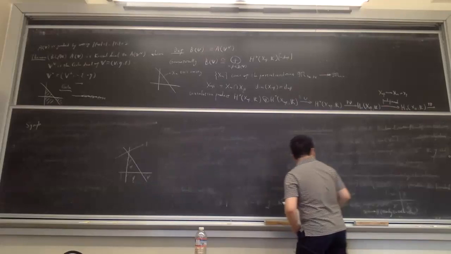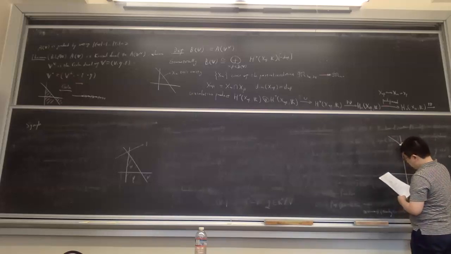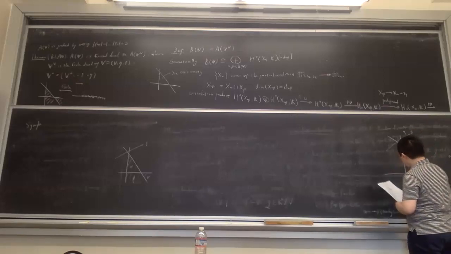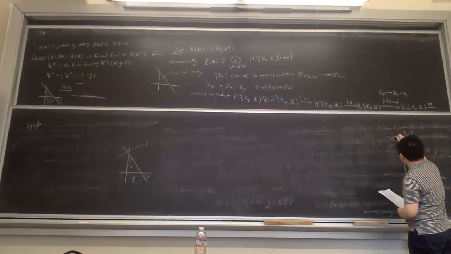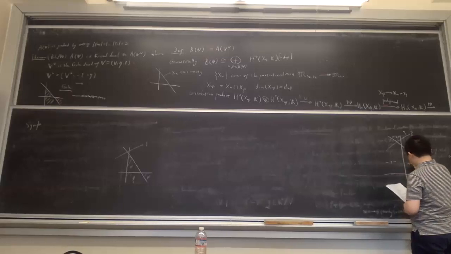Okay. Let me keep this as a standing example. This is a hyperplane arrangement. With C moving in this direction, we have different chambers, and different chambers correspond to different sign sequences. So here is minus, plus, plus, plus, minus, minus, plus, plus, minus, plus, plus, plus.